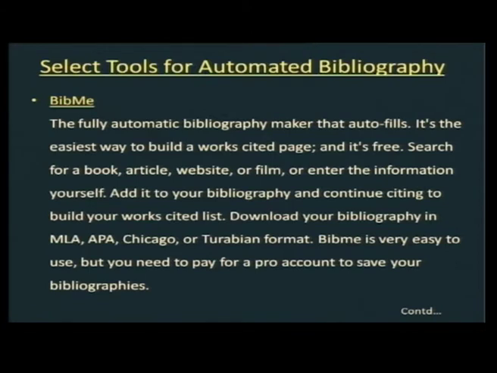Search for a book, article, website or film or enter the information yourself. Add to your bibliography and continue citing to build your works cited list. Download your bibliography in MLA, APA, Chicago or Turabian format. BibMe is very easy to use, but you need to pay for a pro account to save your bibliographies.